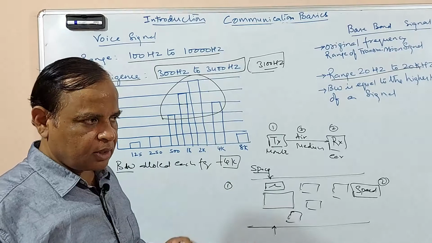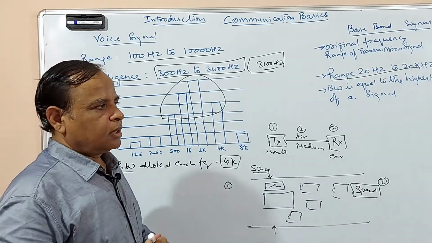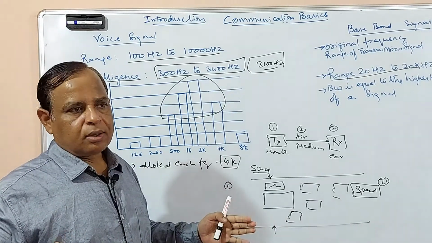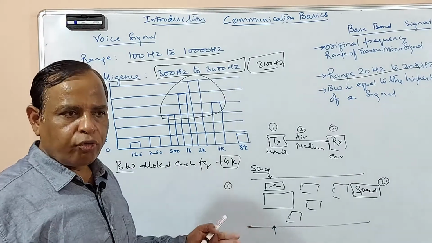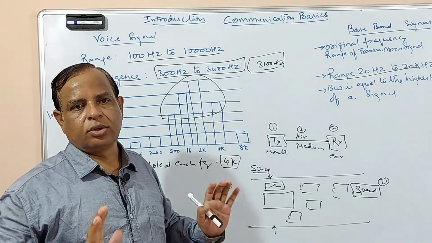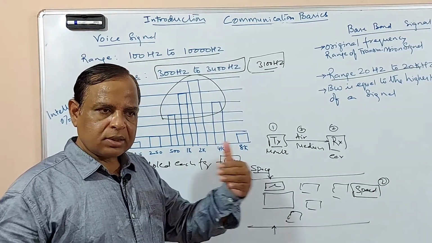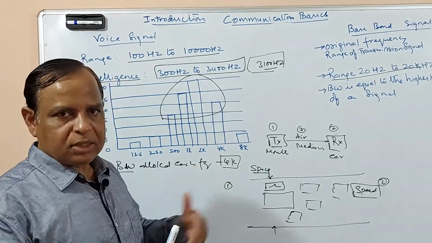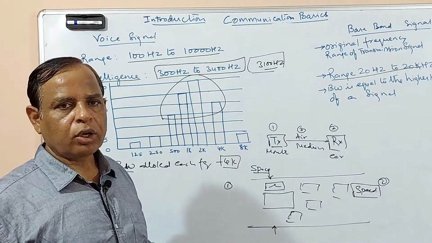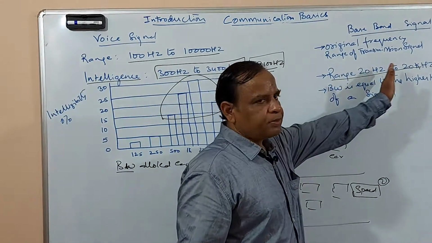A very interesting thing to understand is that whenever you listen to music or a song, you find many musical instruments being used. Every instrument generates a certain sound, which means it has certain frequencies. All these frequencies lie in this particular range.